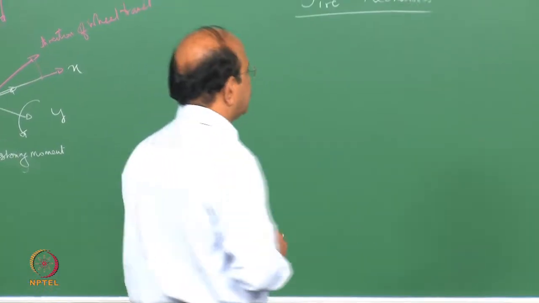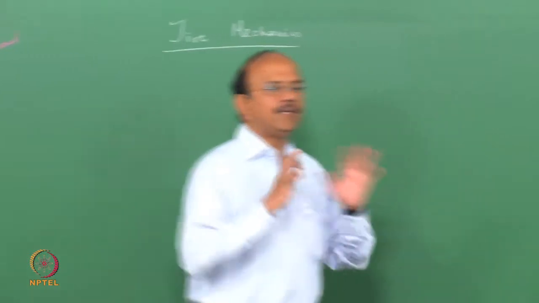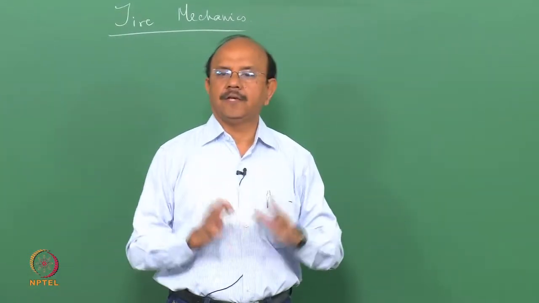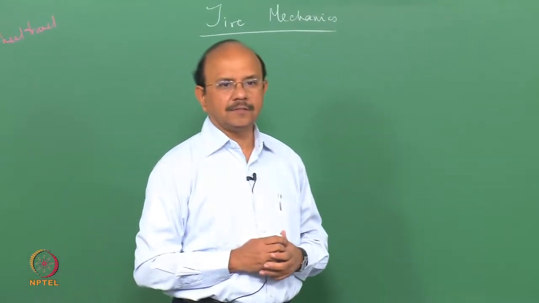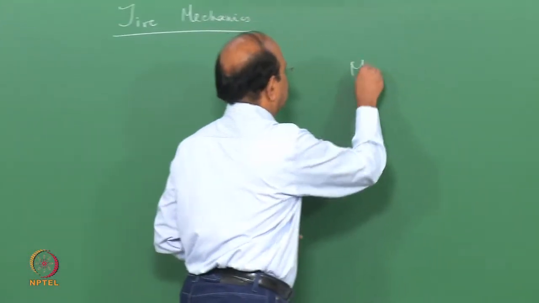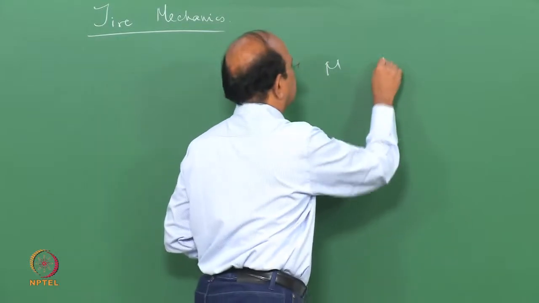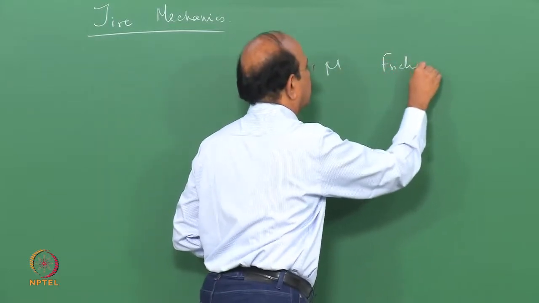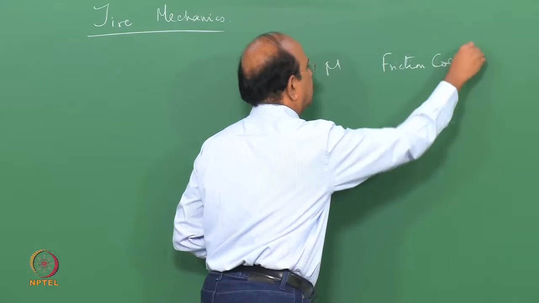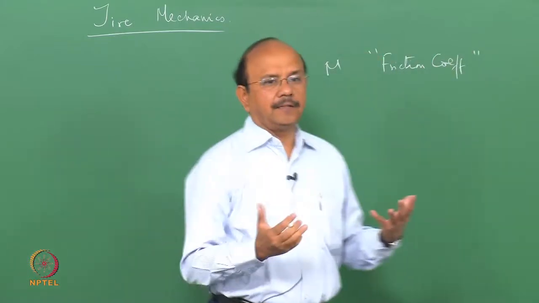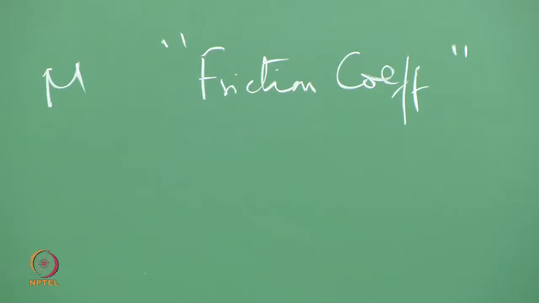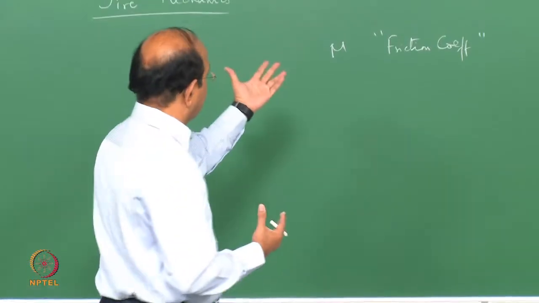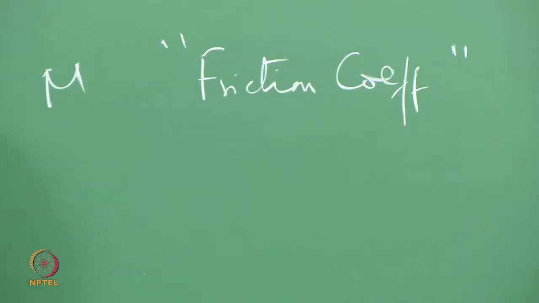In the last class, we said that we will dump all the effects that happen between the tire and the road into one constant, and we call this mu, the friction constant or friction coefficient. I put that within inverted commas, friction coefficient, because it is not as simple as what this equation says or what happens in just a block.